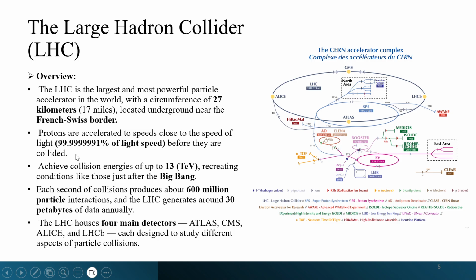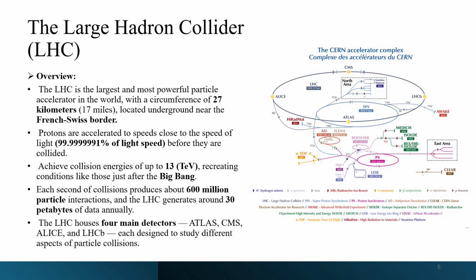The Large Hadron Collider (LHC) is the most powerful accelerator in the world, having a circumference of 27 kilometers, about 17 miles, located on the France-Switzerland border.